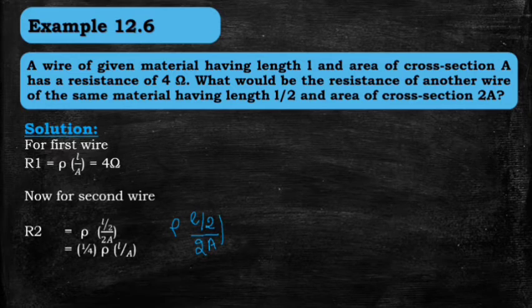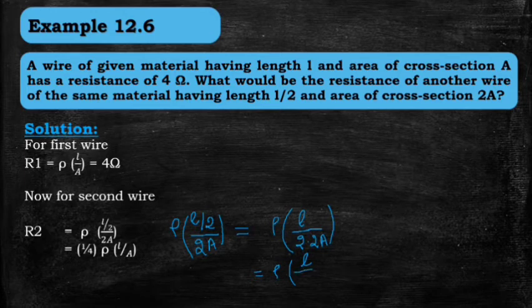It will be equal to rho into L by 2, and divided by 2A goes into the denominator, and both 2 and 2A in the denominator give us rho L divided by 4A.